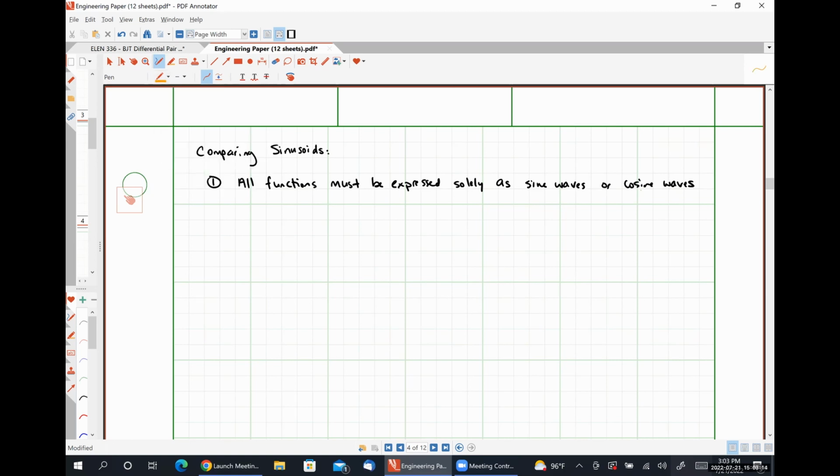We are going to get in the habit of expressing them all as cosine waves.